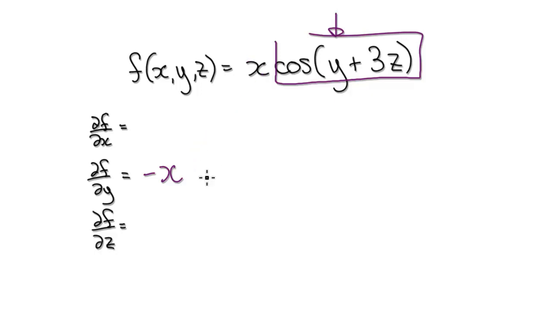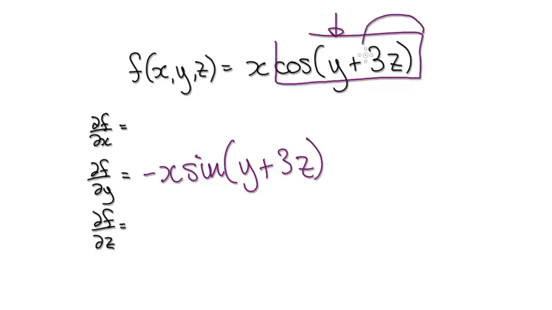Minus sine, the bubble stays intact, y plus 3z, and then times the derivative of the bubble itself. We're using the chain rule. So with respect to y, when you differentiate the bubble, remember the bubble inside the bubble is just y. That's a variable. So when you differentiate y, it would just be 1.